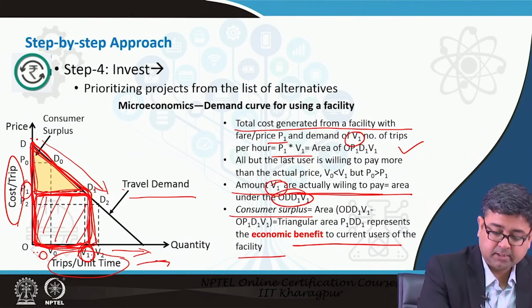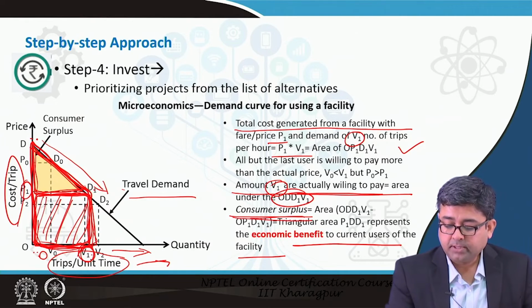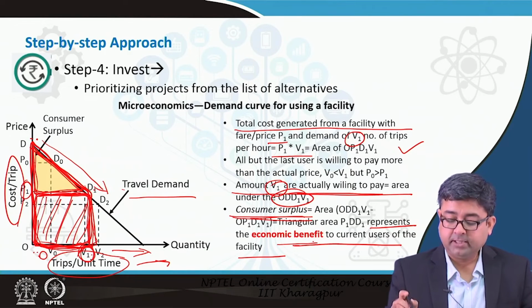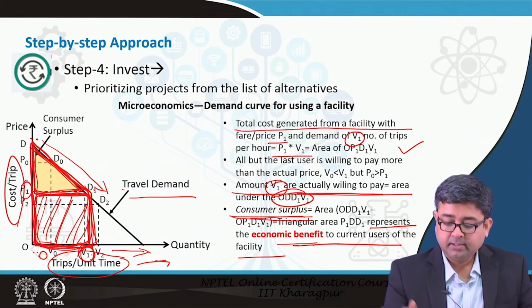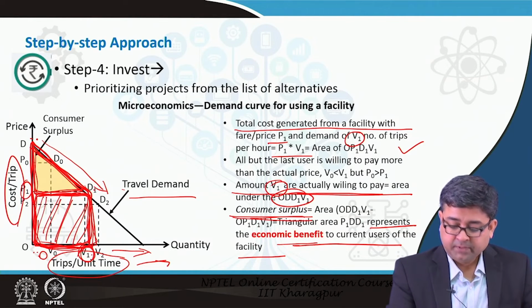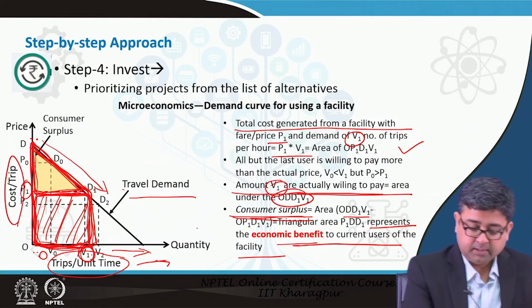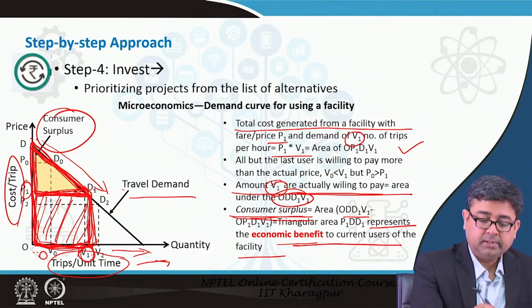If you subtract this rectangle from this trapezoid, you will get the triangle, and that triangle is the consumer surplus, which represents the economic benefit to the current users of that facility. So, you can quantify the economic benefits of that particular NMT facility. That area is the entire area O D D1 V1 minus the area O P1 D1 V1, which gives you the consumer surplus, this upper triangle, P1 D D1.